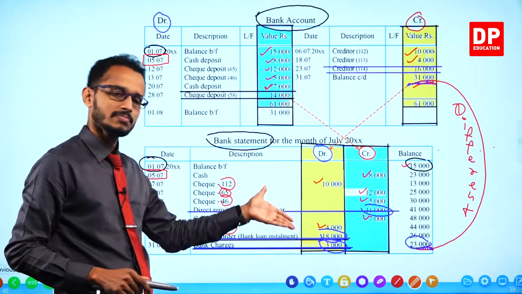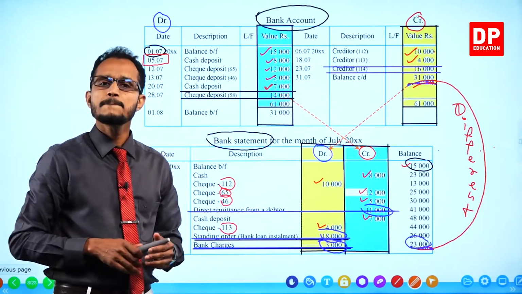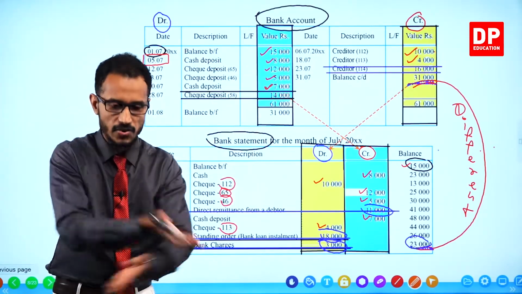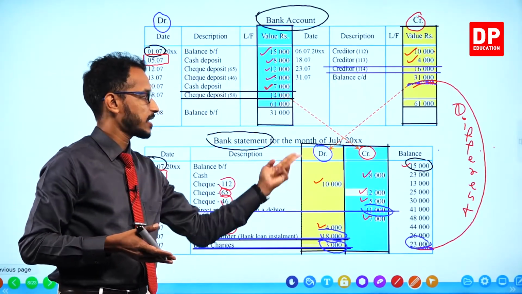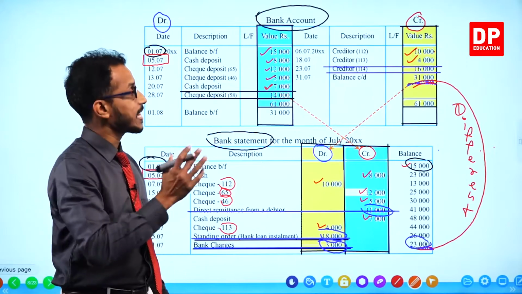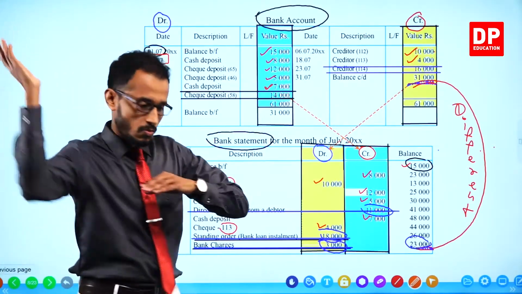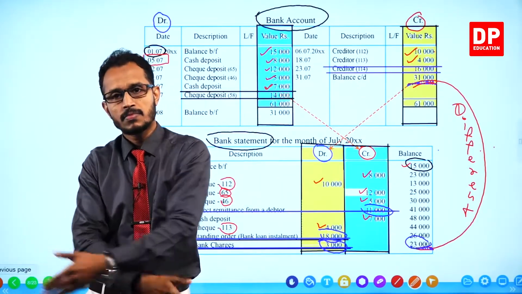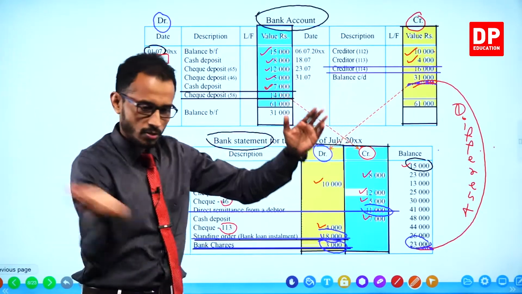There you go. This is where I did the cross-checking, the comparing of the bank account and the bank statement. This is where I did it for you. It's like drawing the swords across.